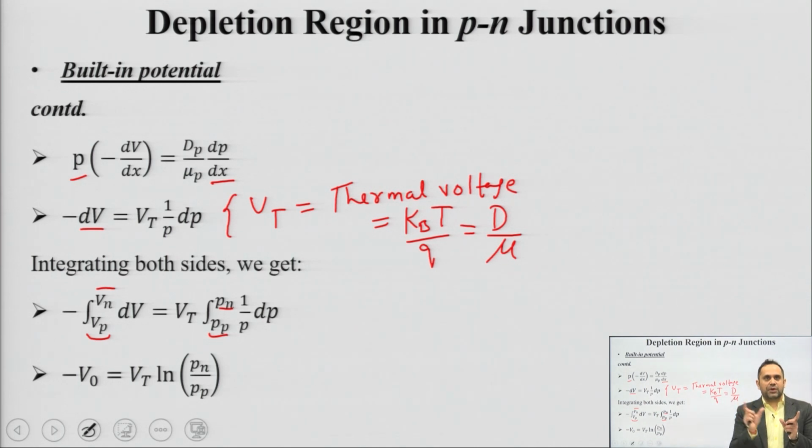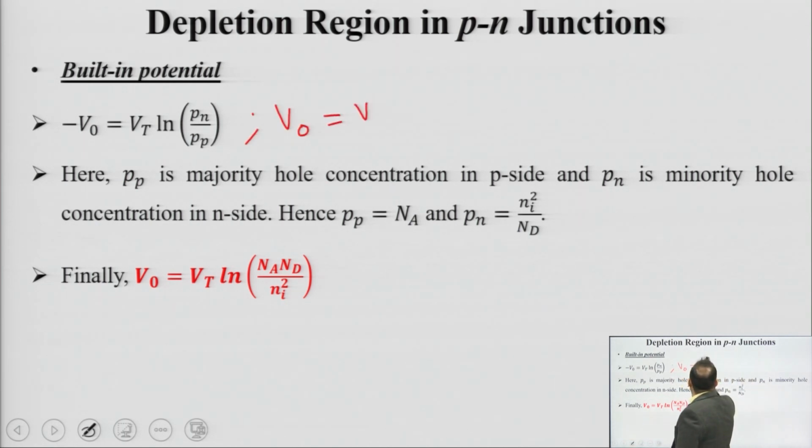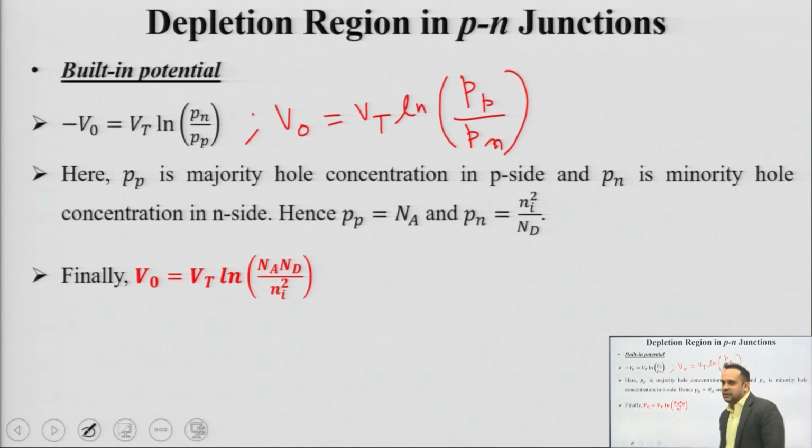So, potential is constant in the bulk of N side, constant in the bulk of P side, only transition takes place in the depletion region. So, this is your built-in potential. You can get rid of this minus sign by simply reversing this. So, I can write V naught equal to thermal voltage kT by q times the log of hole concentration in P side divided by hole concentration in N side.